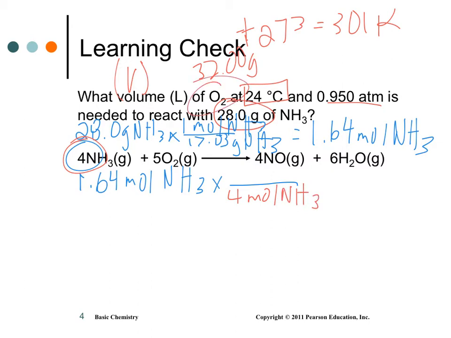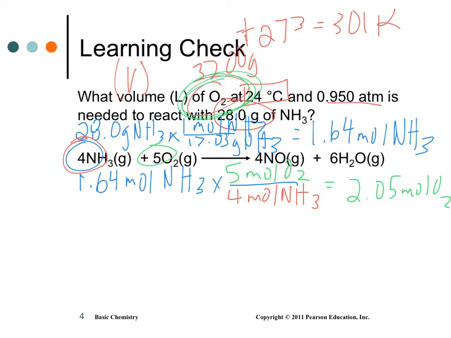Oxygen has 5. So that's 1.64 times 5 divided by 4, 2.05 mole oxygen.